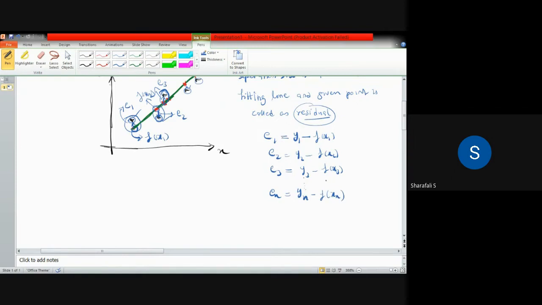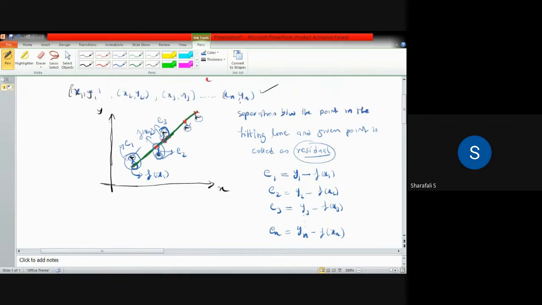And as we have to give equal importance to all points, we have to consider the square of these residuals. Let me draw that again.